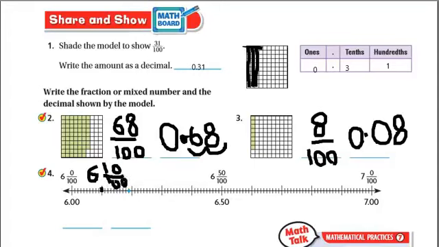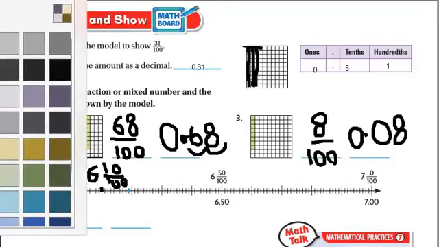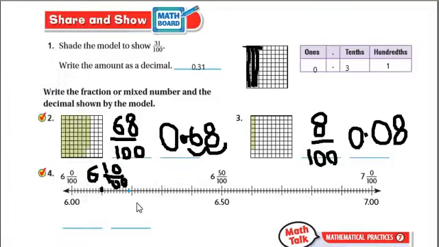Let's make it like this. So do you see this mark? This mark is 6 and 20 hundredths. But my blue mark, my blue point, is just one before. 1 before 20, it will be 19, yes. 19 out of 100.